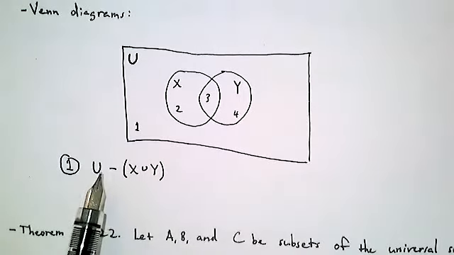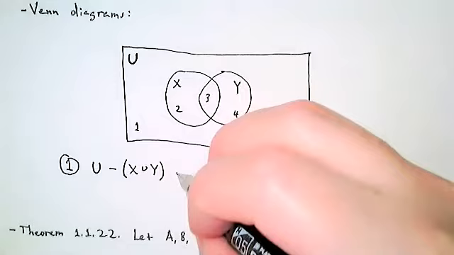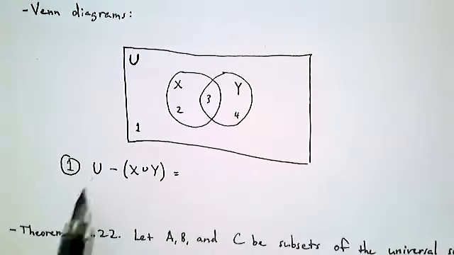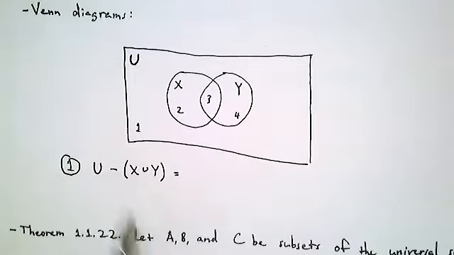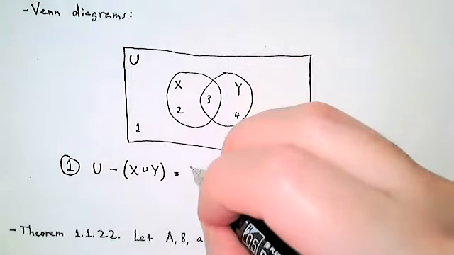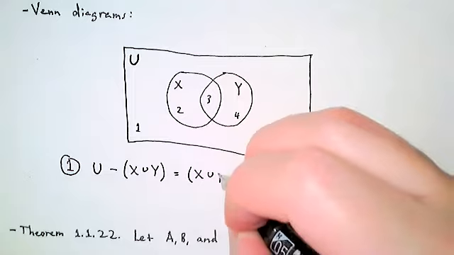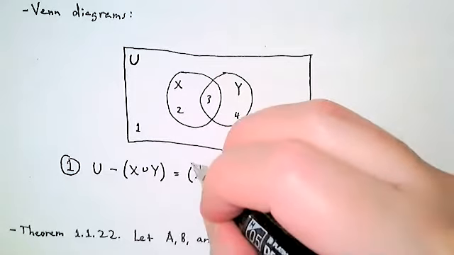But there's actually a slightly easier way to write this, because the universal set minus another set, that's just a complement. That's what we call a complement. So this is really just X union Y with a bar on top.